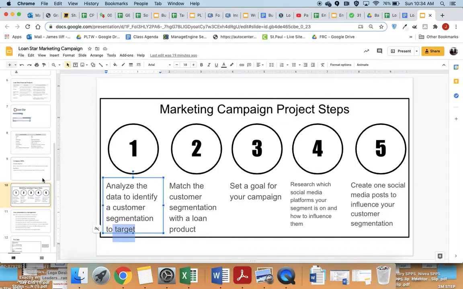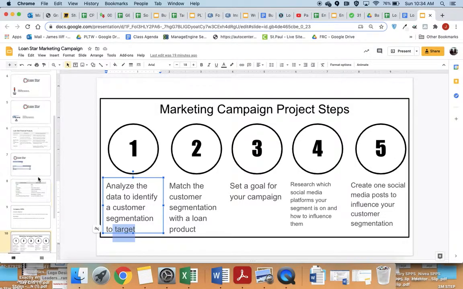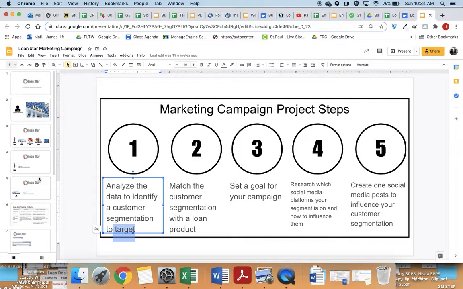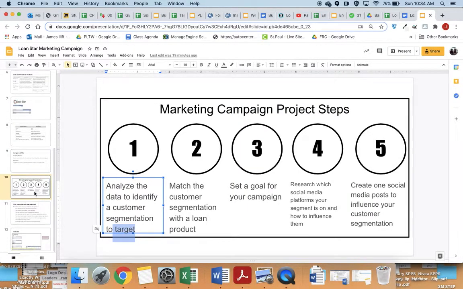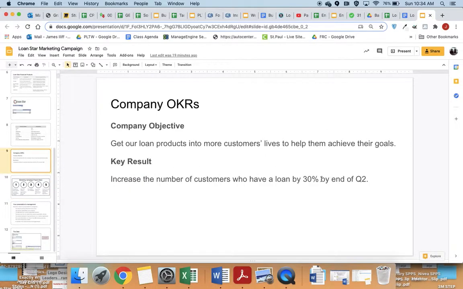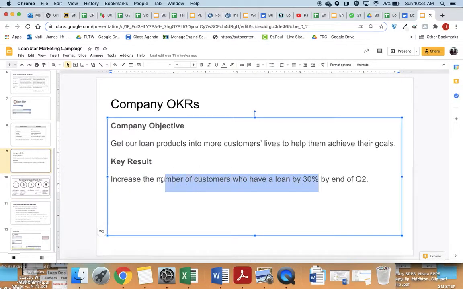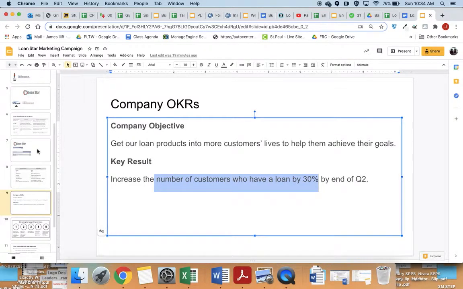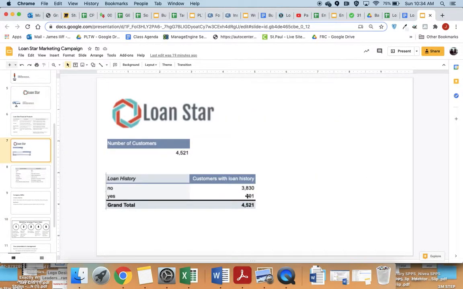Now remember that that customer segment has to be big enough to meet your marketing goal. Remember that your marketing goal is to increase the number of customers by 30%. Well, 30% of what? It has to be 30% bigger than this, 691.